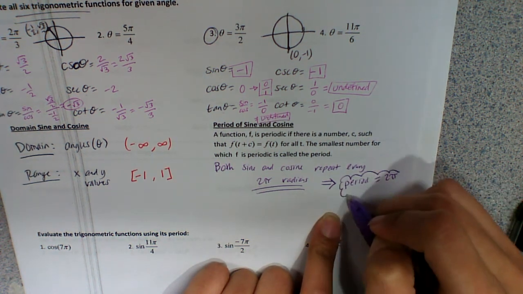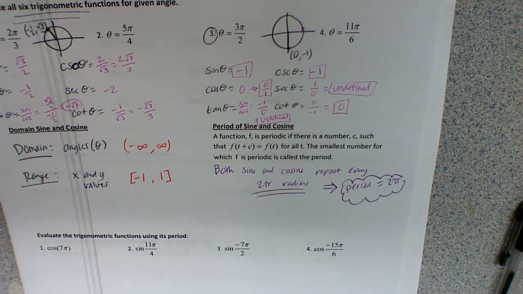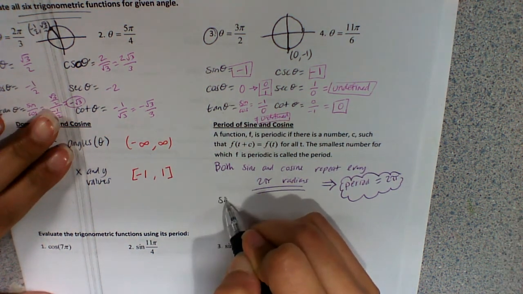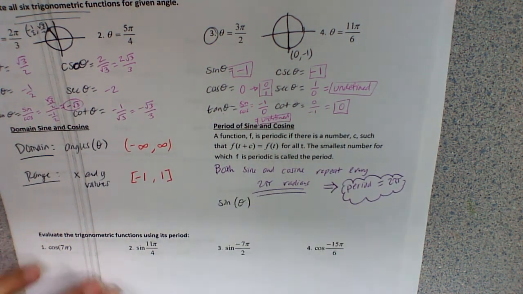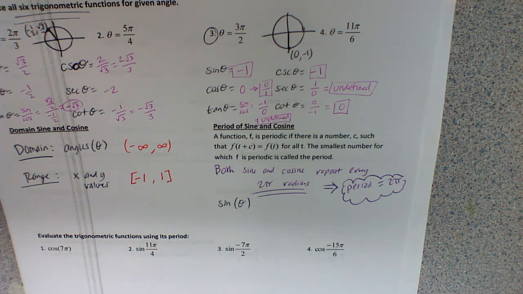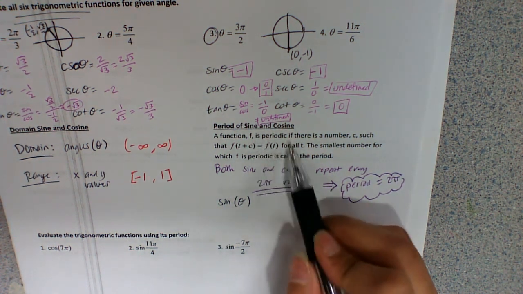So the period is 2 pi. Now here's what we're going to do with that. We're going to explore some angles that you'll be able to locate, but we're going to figure out what their sine and cosine value is based off of the period.